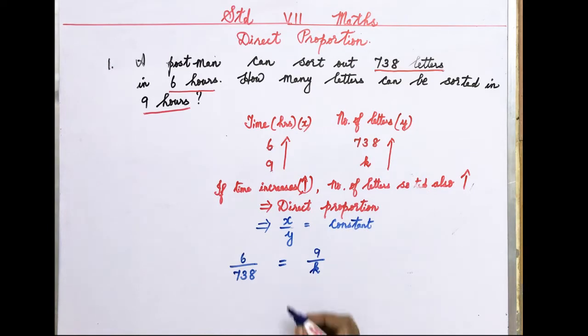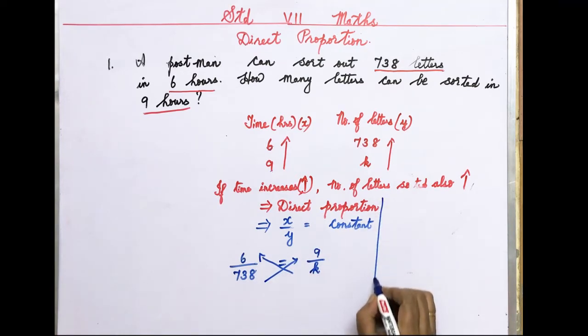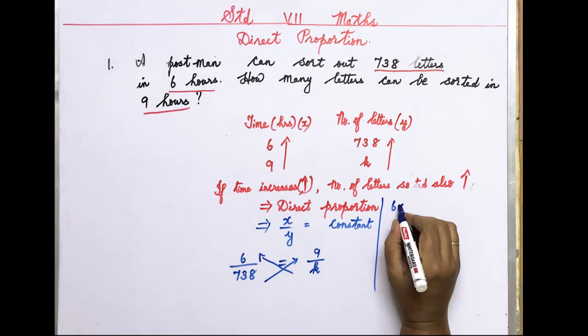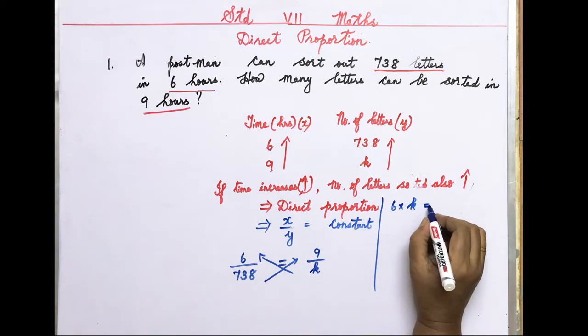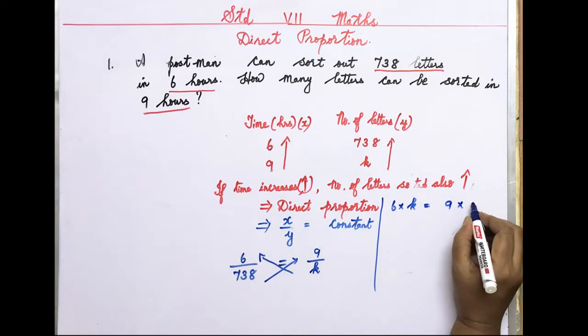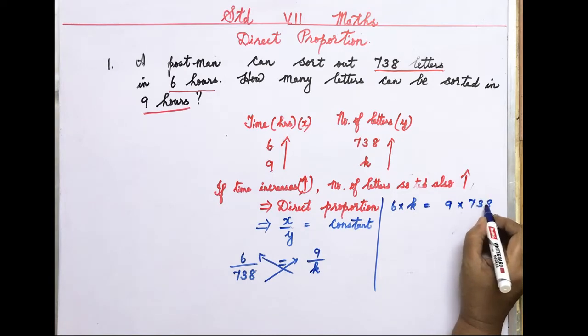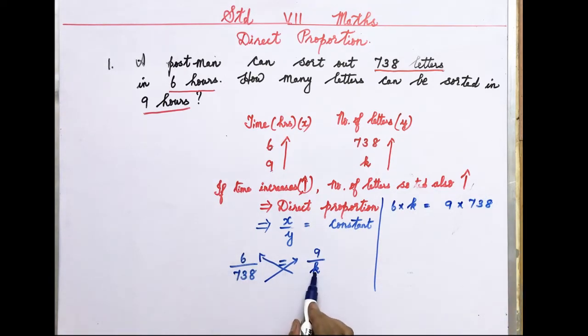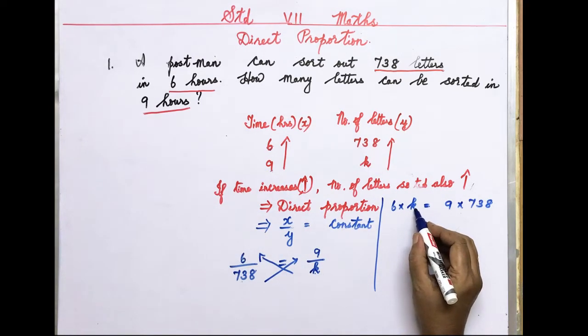Next we have to cross multiply. To find out the value of k, we are going to cross multiply now. So, here 6 into k is equal to 9 into 738. We have to find out only k.